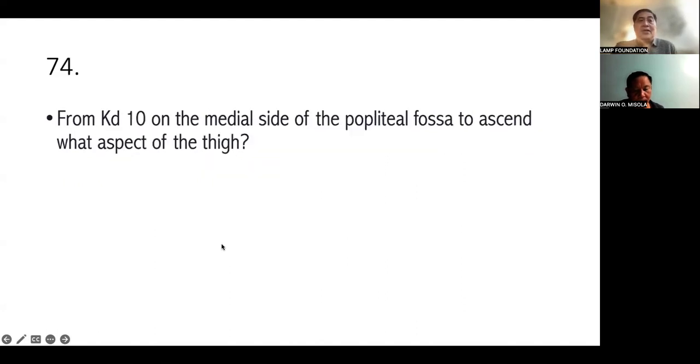Very good. From kidney 10 on the medial side of the popliteal fossa to ascend what aspect of the thigh? The posteromedial aspect of the thigh. Okay, going to the tip of the coccyx, where it intersects the governing vessel at what point?